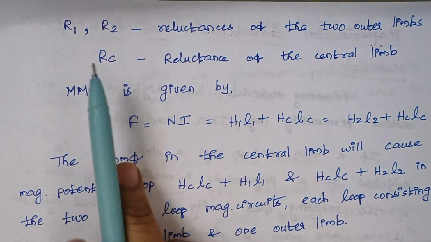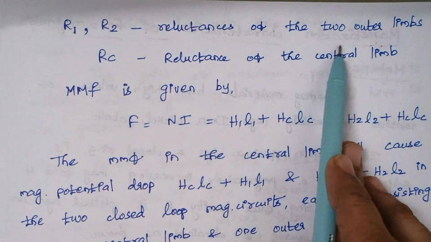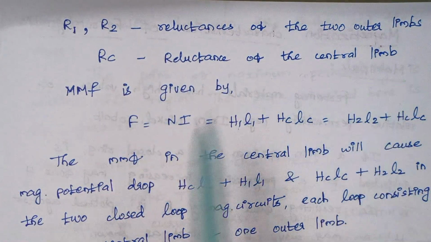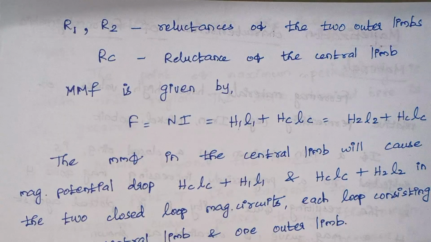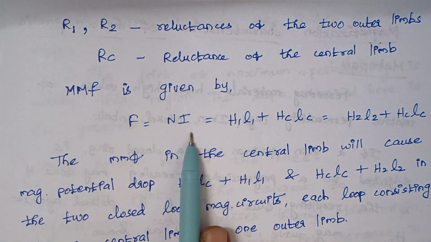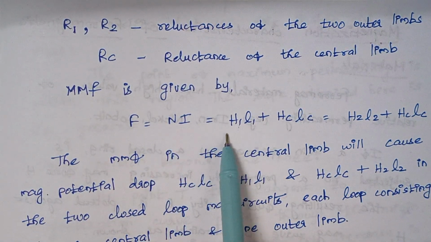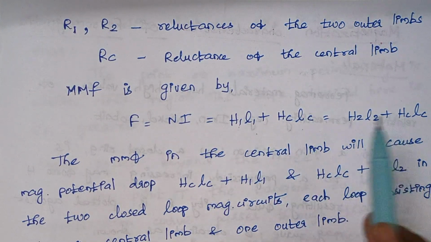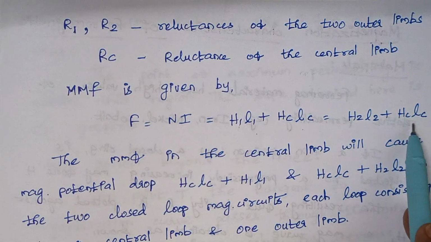Here R1, R2 are the reluctances of the two outer limbs, and RC is the reluctance of the central limb. The value of mmf is given by F is equal to Ni. So here Ni is H1L1 plus HClC, which is equal to H2L2 plus HClC.